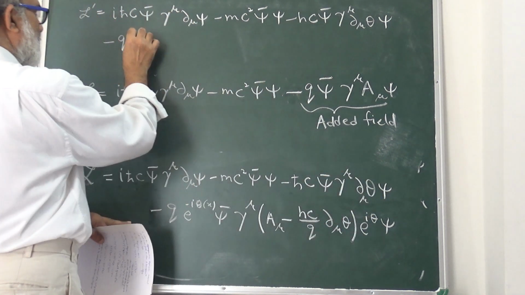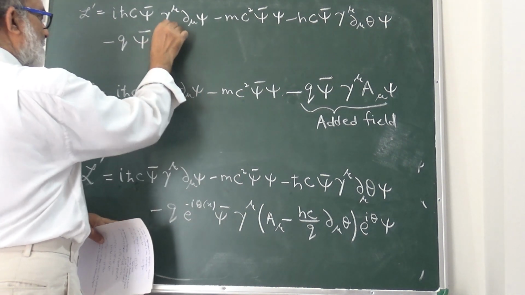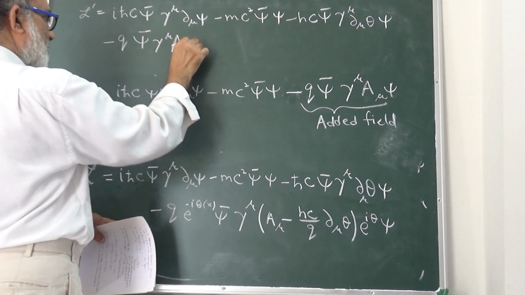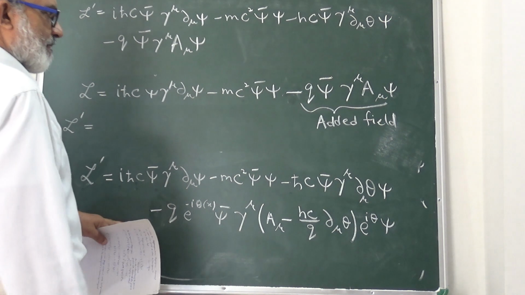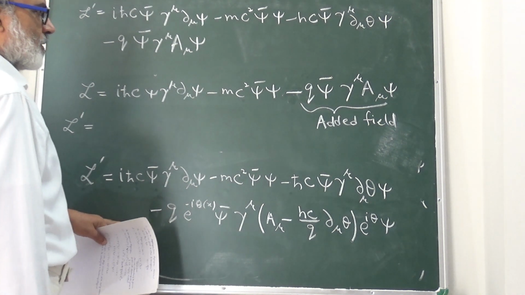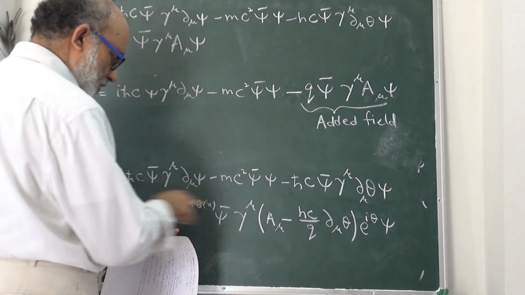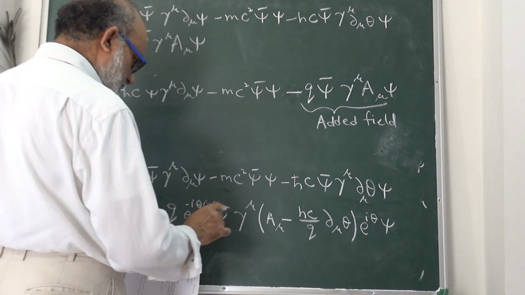Now this one, minus minus plus, q cancels out and this e to the power minus i theta is finished.